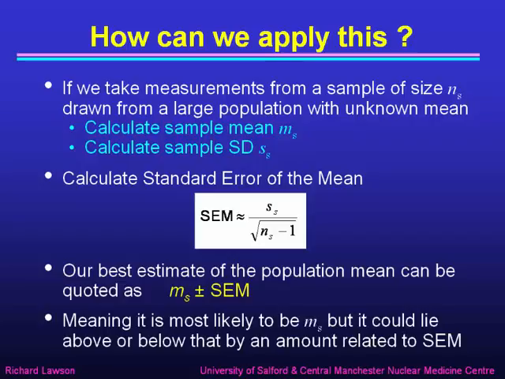Now we know that our best estimate of the population mean is MS, and if we quote it as MS plus or minus the standard error of the mean, then what we're saying there is the population mean is most likely to be MS, but it could lie above or below that by an amount relating to the standard error of the mean. That is the likely variation in our estimate.